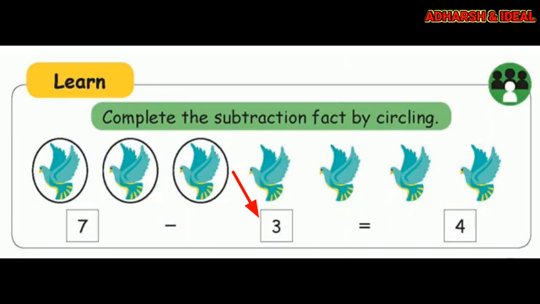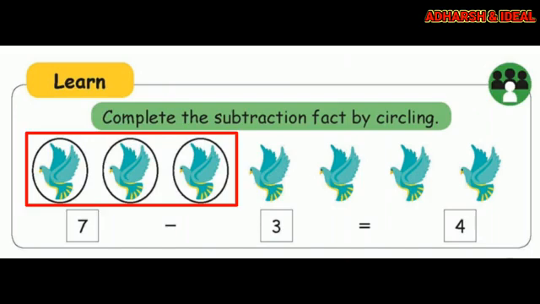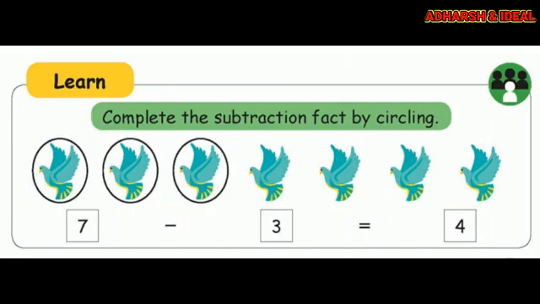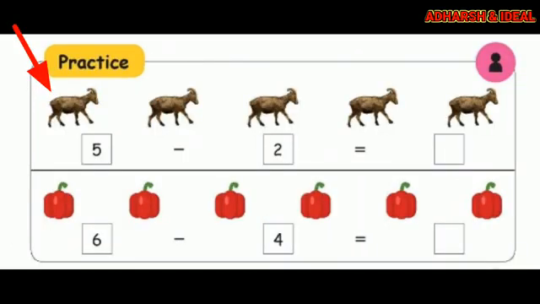Yes, number 3. So we circle 3 birds only. Now, count the number of birds left. 1, 2, 3, 4. 4 birds left.